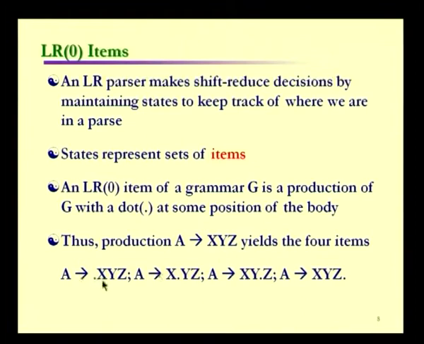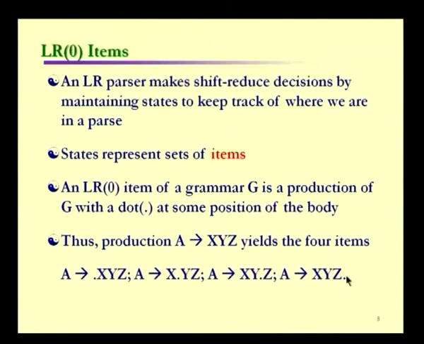One is A derives dot XYZ, with the dot on the extreme left, saying that so far nothing has been recognized, but we still have to recognize XYZ. The second says that X has been recognized and we still need to recognize YZ. The third says XY is recognized so far and Z is yet to be recognized, and the last one says XYZ has been completely recognized, and we have nothing else to recognize.